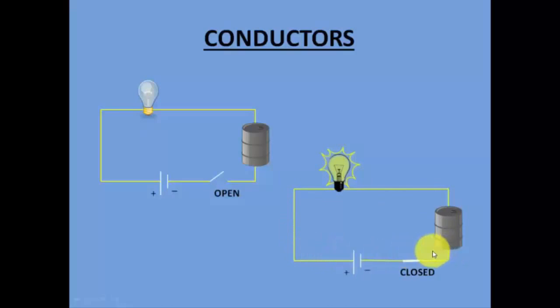As soon as this circuit is complete, the bulb will start glowing. This shows that the circuit is complete, which means the negatively charged electrons are flowing through the drum.